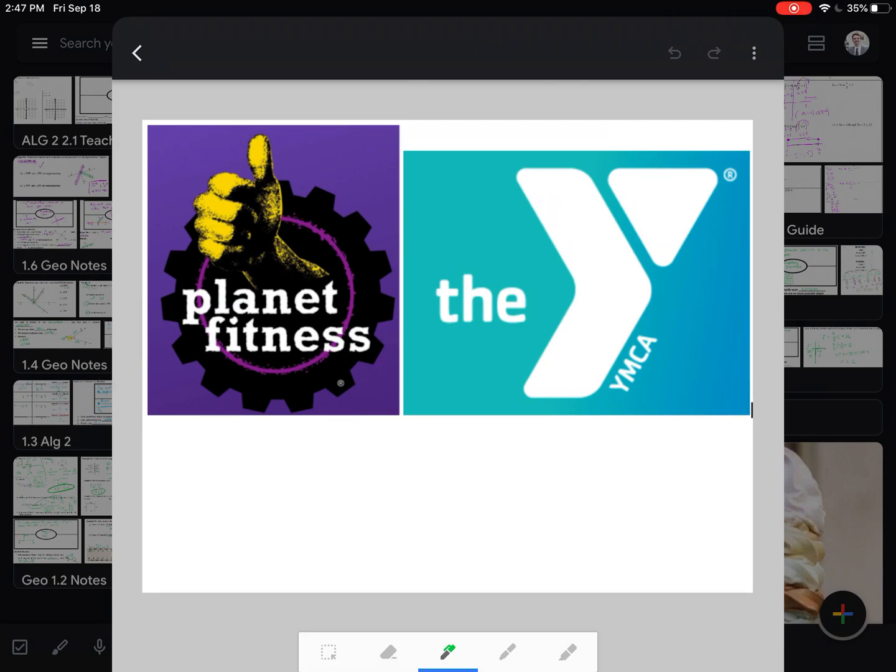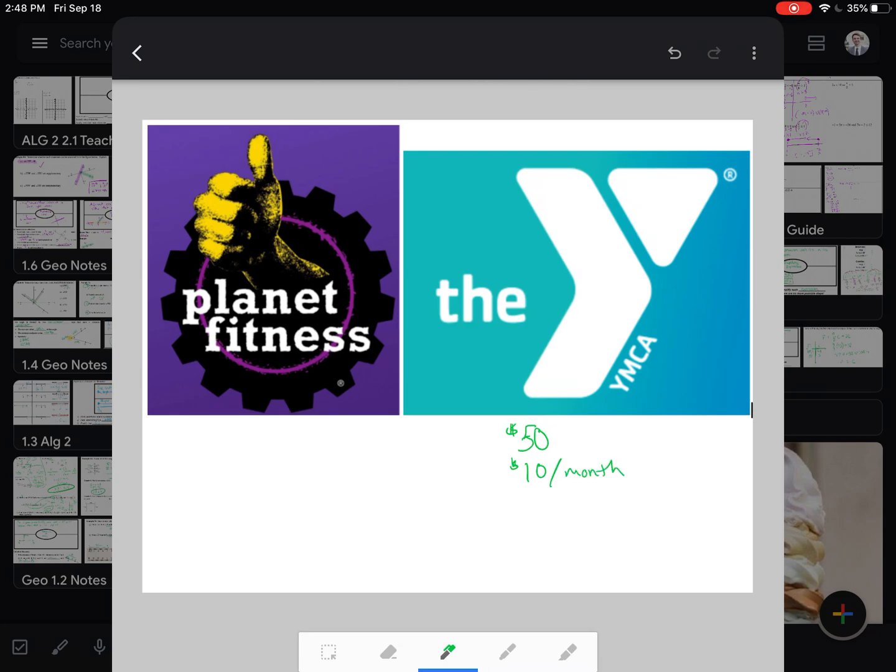I've had both of these memberships over however many years, with some different pricing models depending on where you go for each of them. For the YMCA, there was a little bit more of a cost up front. When I was doing it, it was $50 that you had to pay up front, plus an additional $10 a month.